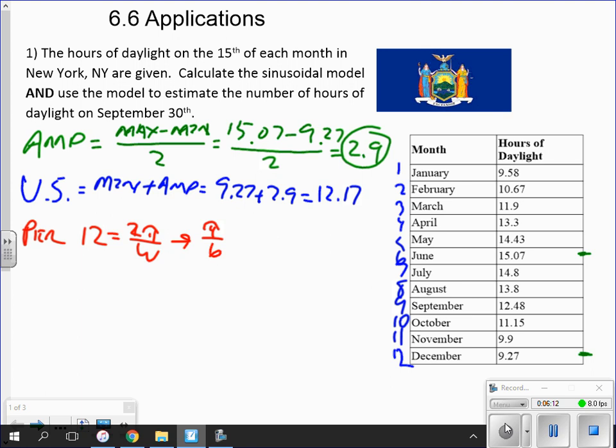What you need to do for the phase shift is figure out how far over we need to make the adjustments to make it line up. For the cosine, it's actually pretty easy. The cosine is easier to find the phase shift on for this one than the sine.